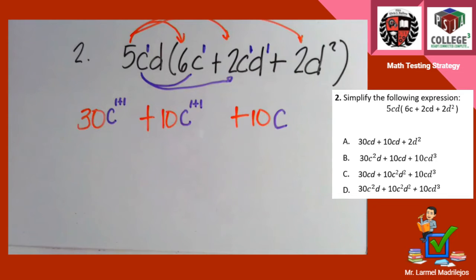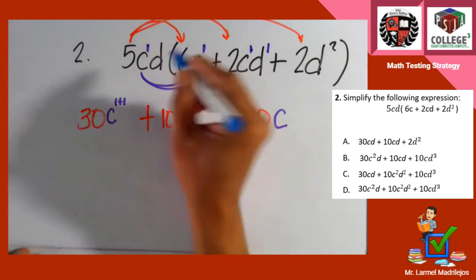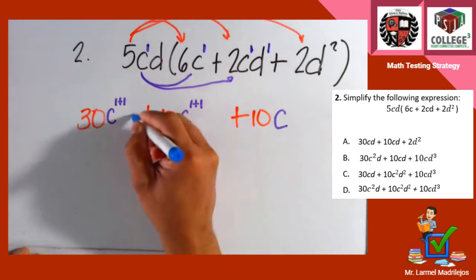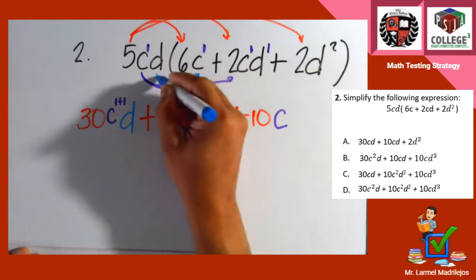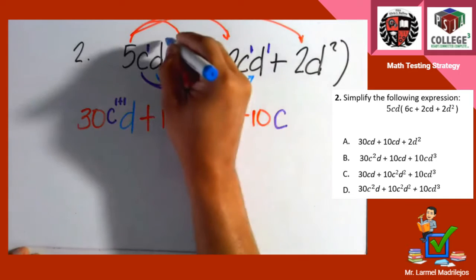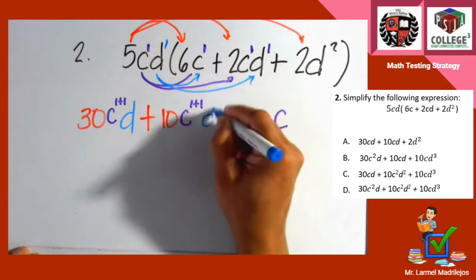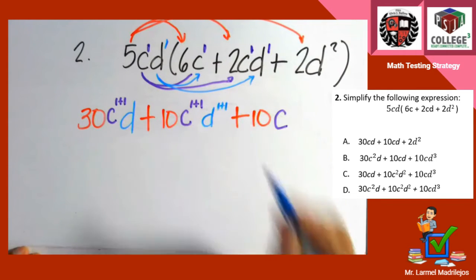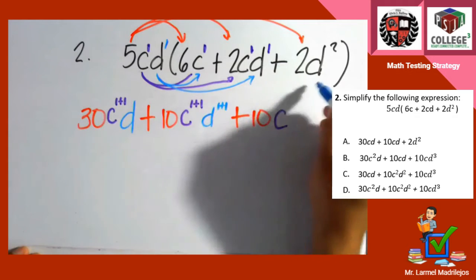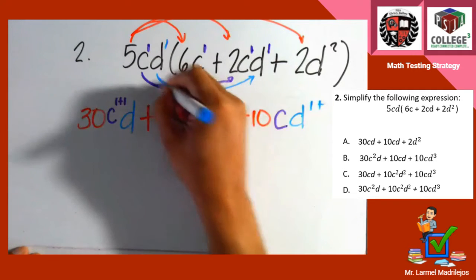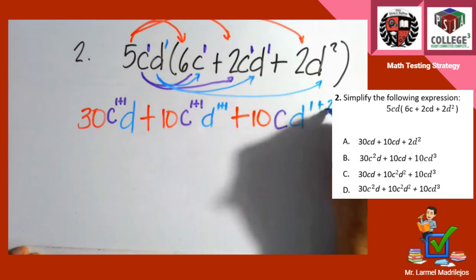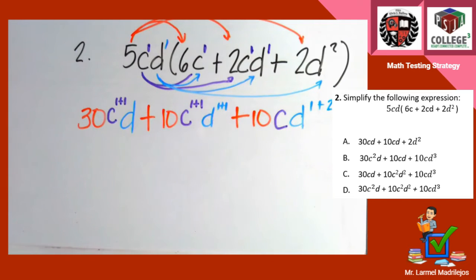Okay. I'm going to work on the D. So D, I don't have D here, so I'm going to write D. If I distribute this, and I distribute it there, I saw a D to the 1 here and D to the 1, so I'm going to write 1 plus 1. And then the next one here, it's D to the 1 plus, there's a 2 there, 1 plus 2. So let's solve everything.